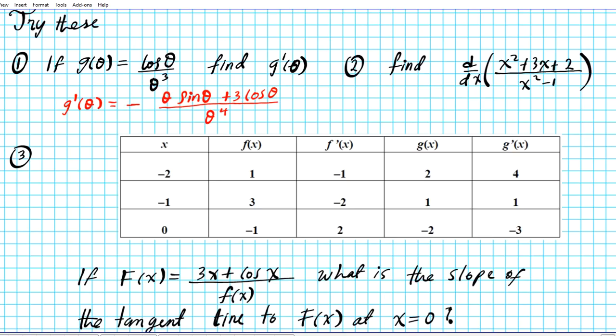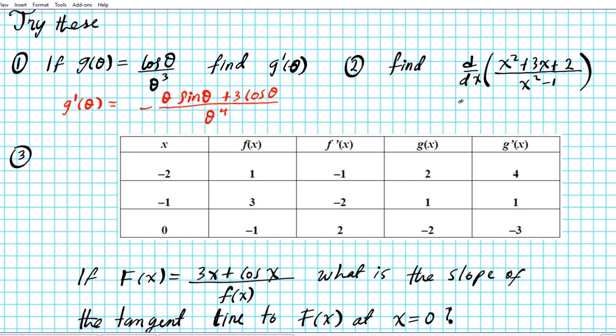Just note that this minus is factored out of the numerator. If you distribute it into the numerator, your answer will be negative theta sine theta minus 3 cosine theta. That's the same thing. That's the answer to question 1.